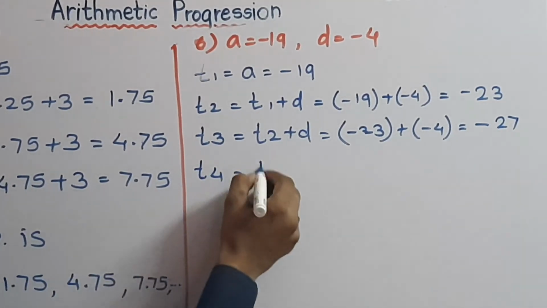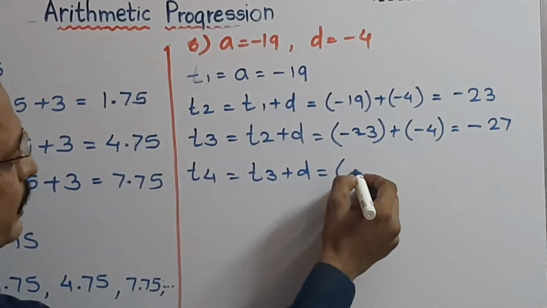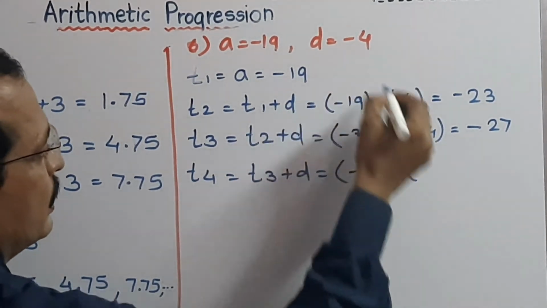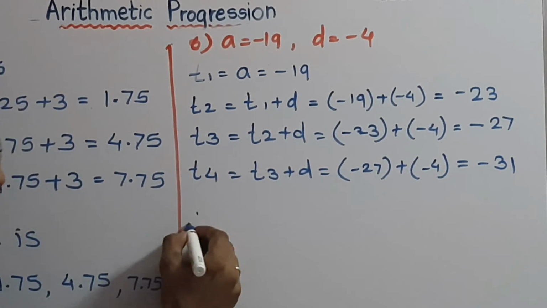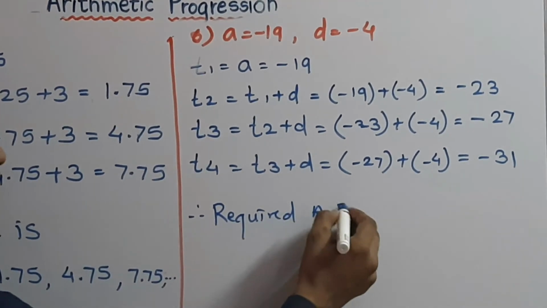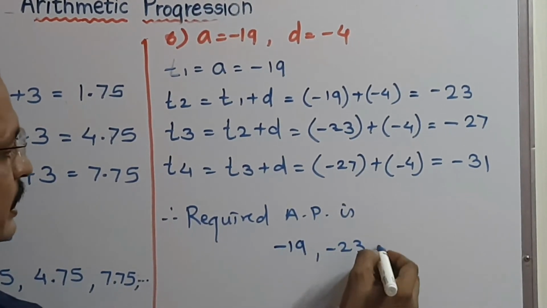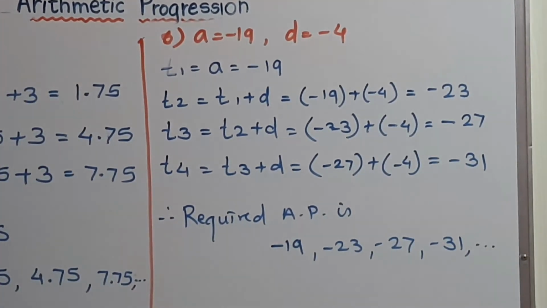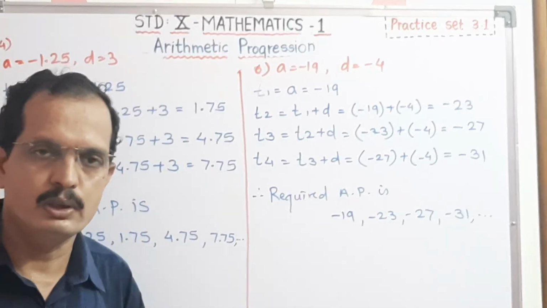Then T4 is equal to T3 plus D. T3 is minus 27 plus minus 4 common difference, minus 31. Therefore the required AP is minus 19, minus 23, minus 27, minus 31 and so on. Yes student, write down all this sum in your notebook.